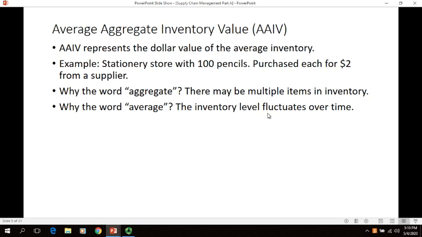Remember, the inventory level fluctuates over time. So when we say that a store has 100 pencils, it doesn't mean that inventory is always 100 pencils all the time. It means the daily average is 100 pencils.